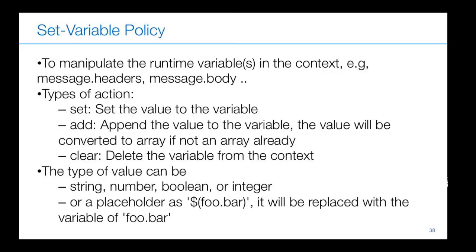Okay. What else you got? Can you create a new variable? Yes, when you call set or add, if the variable does not exist, it will be created. Right. And it's important to note here that there's a set variable for the Edge Gateway as well, and the behavior should be uniform between the two. Is that correct? Yes, it is uniform.